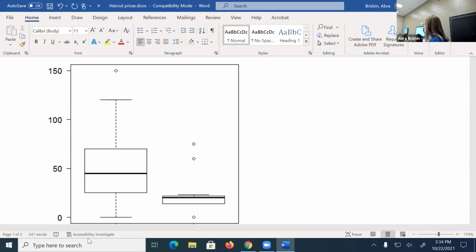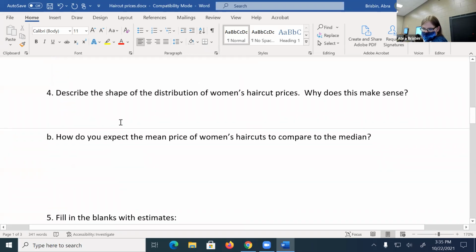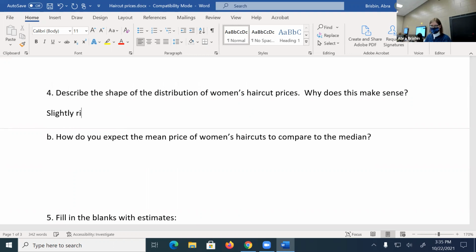We said it was slightly right skewed. Yeah, we have a slightly longer upper tail, or distance to this outlier, than we do for the lower tail. Any thoughts about why it would make sense for haircut prices to be right skewed?